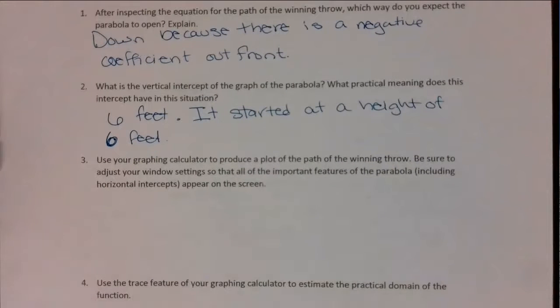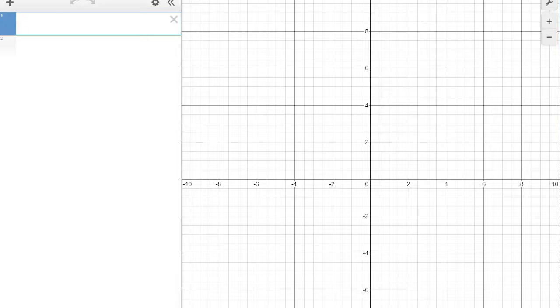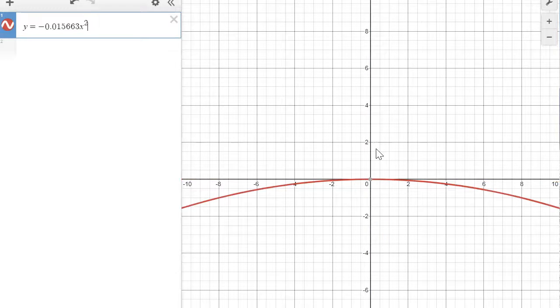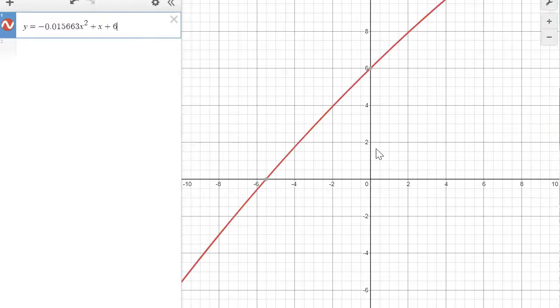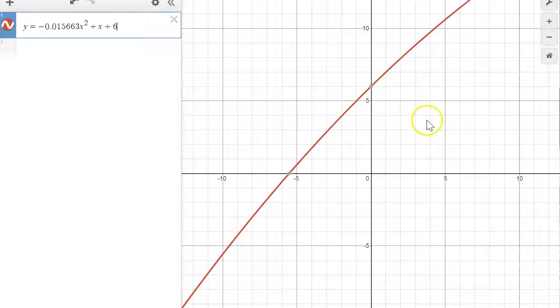Now it wants us to use our graphing calculator to produce a plot of the graph, and we want to see everything in the window. So I'm going to open up Desmos. I'm going to use y instead of h. Okay, so I want to zoom out.